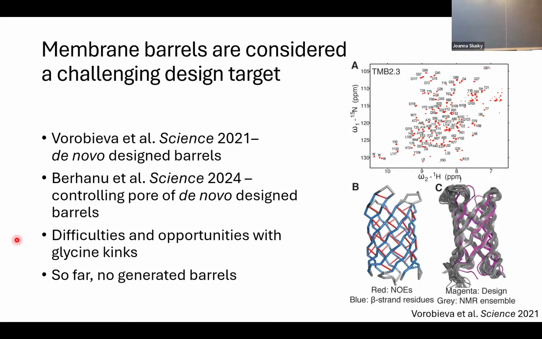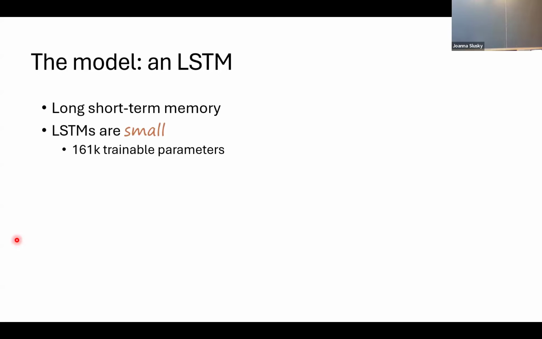But so far, to my knowledge, there haven't really been any generated beta barrels for the membrane. And so we are trying with an LSTM, which is a weird thing to do. An LSTM is a long short-term memory model. It's small, okay? It's so small that we're using about 100,000 to 200,000 trainable parameters, and we're using 400,000 sequences.